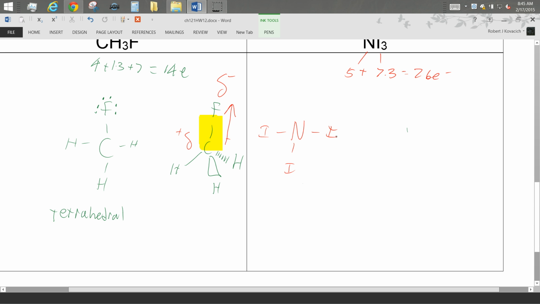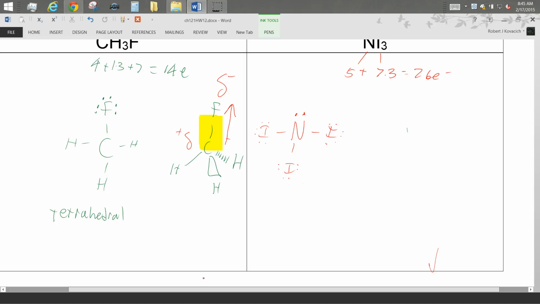So everybody's hooked up. I've used 6 of my 26 electrons. I'm going to put electrons around each of the iodines to give them 8. That leaves me with 2 leftover electrons. I'm going to put those 2 leftover electrons right there on top of my nitrogen. And there's my Lewis structure. Okay.